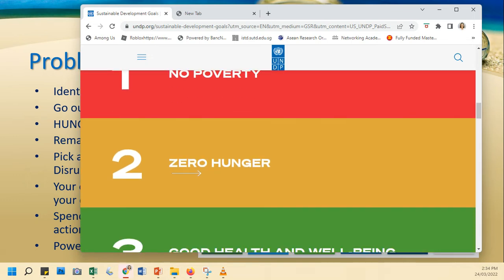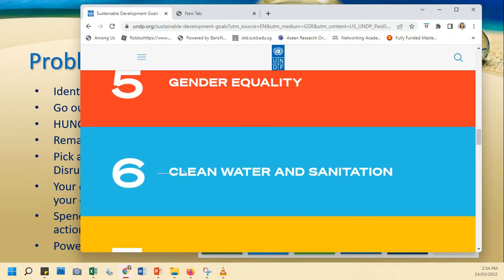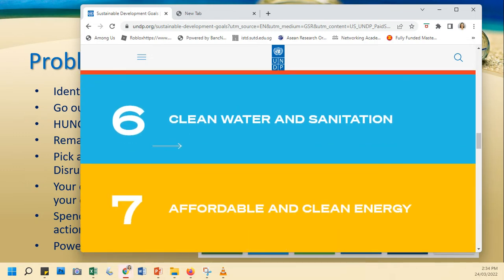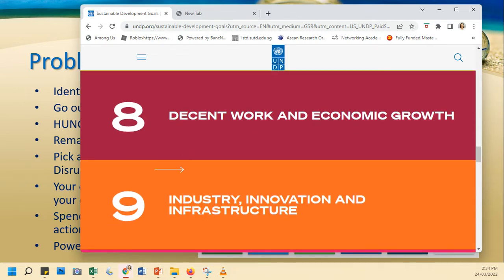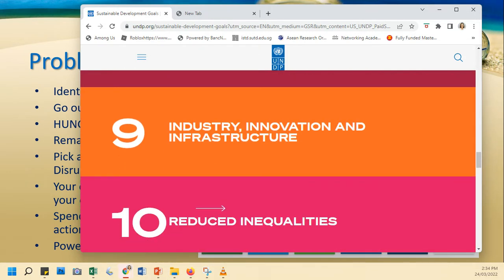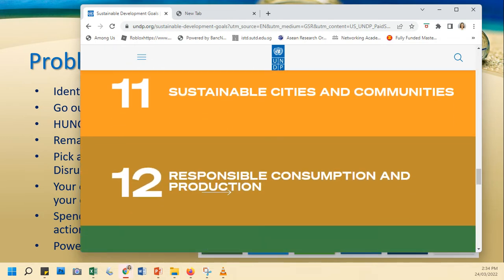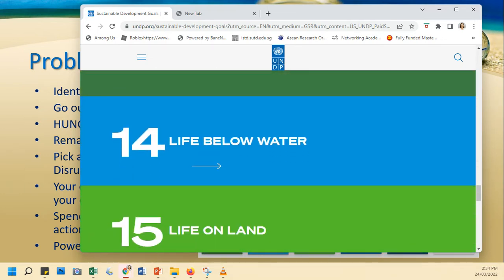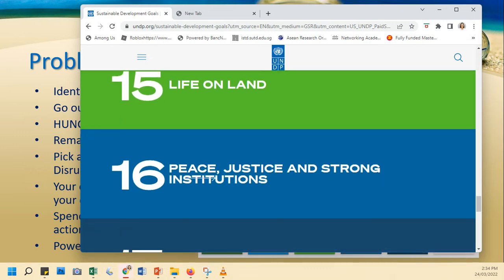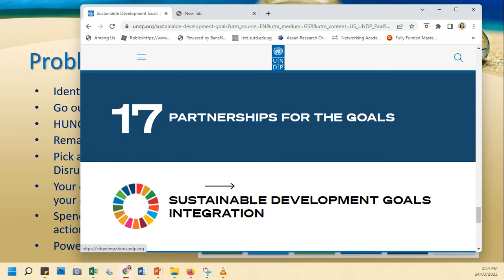Second is zero hunger, good health, quality education, gender equality, clean water and sanitation, affordable and clean energy, decent work, industry, innovation, and infrastructure, reduce inequality, sustainable cities and communities. What else? Responsible consumption and production, climate action, life below water, life on land, peace, partnerships for the goals.